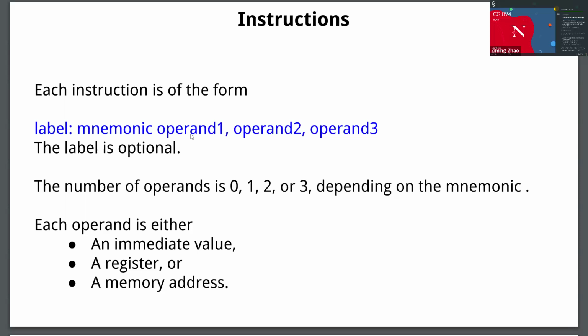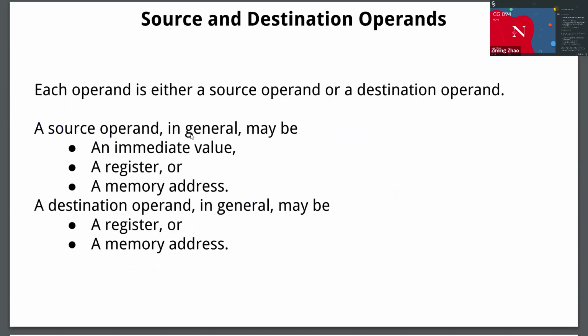Some instructions do not have an operand. The operand is more like the parameter for that instruction. Some of them have up to 3. The operand can be a number, which in this case we call an immediate value. It can be a register. It can also be a memory location, a memory address.